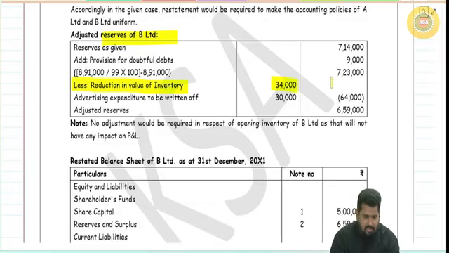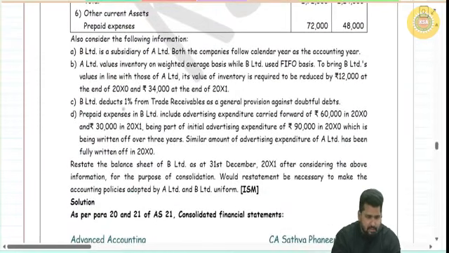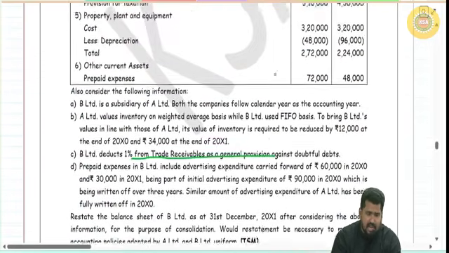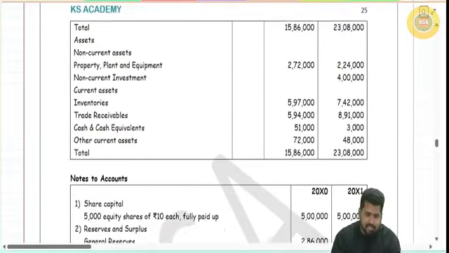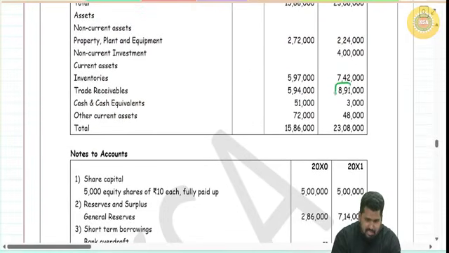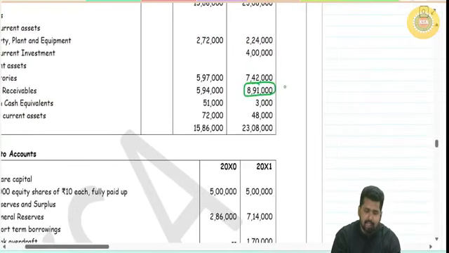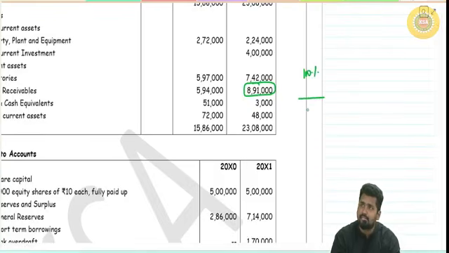They are showing one value, 9,000. How did they get the 9,000 value? They are telling 1% is already provided. After subtracting 1%, your trade receivable is 8,90,000.